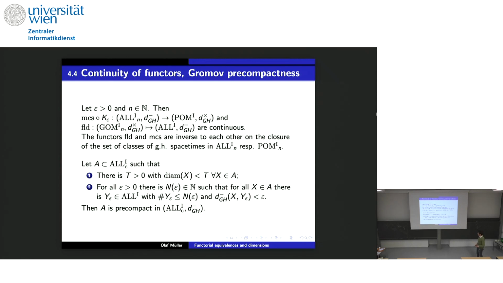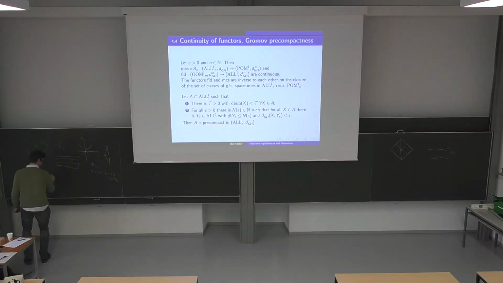Okay, there's also a pre-compactness statement involved, like some Gromov-type pre-compactness. If we have some uniform diameter bound, and if you have some, so here's a misprint, I think. Here, this ALL, so ALL is always Lorentzian length space, but it should really be replaced by ALP, which means pre-length space.